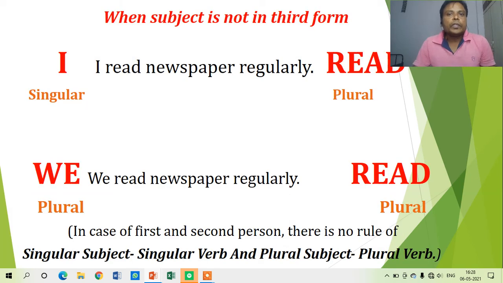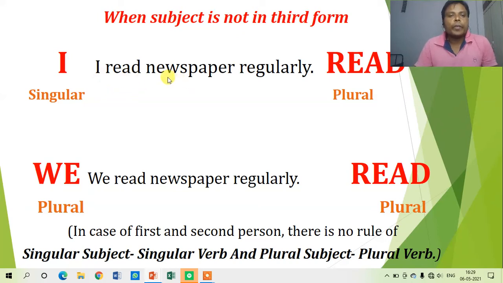Now we will discuss some examples where the subject is not in third person. Let us read this example. First example: I read newspaper regularly. Here I have used I as a subject, and read as a verb.